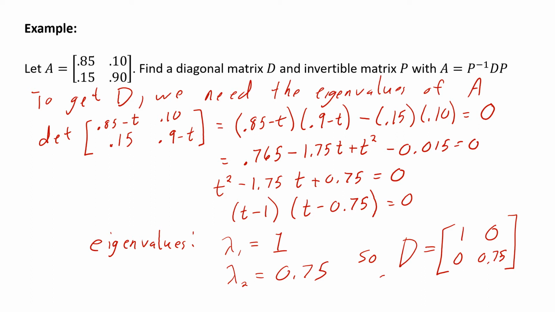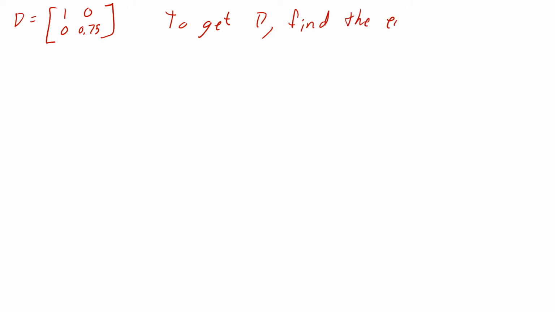Now, how do we get our matrix P? To get the matrix P, we find the eigenvectors associated to this. So we had that D is equal to 1, 0, 0, 0.75. I'll just note it up there. So to get P, find the eigenvectors. So take them in turn.